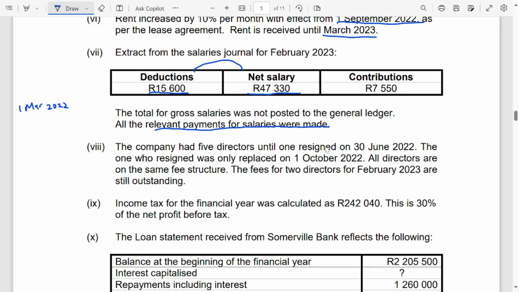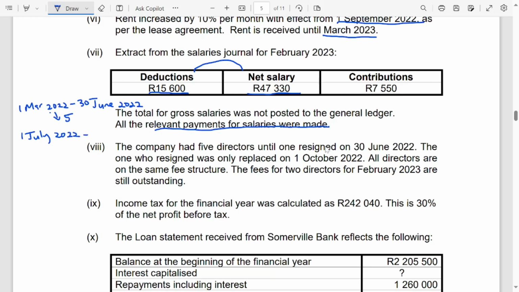So this means that from the 1st of March 2022 to 30 June 2022, we had 5 directors. Then from the 1st of July 2022, till we got a new director from the 1st of October.